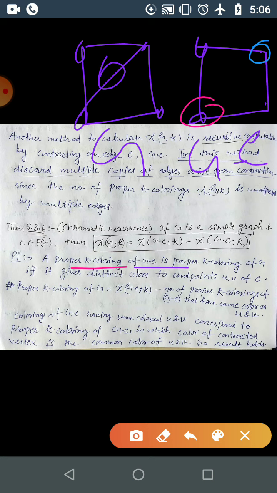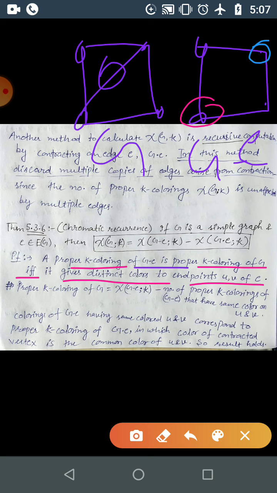So a proper k coloring of G minus E is a proper k coloring of G if and only if it gives distinct colors to the endpoints of E, whichever edge we have discarded, correct, we have removed. So if we join it again, obviously in G it will have different colors.